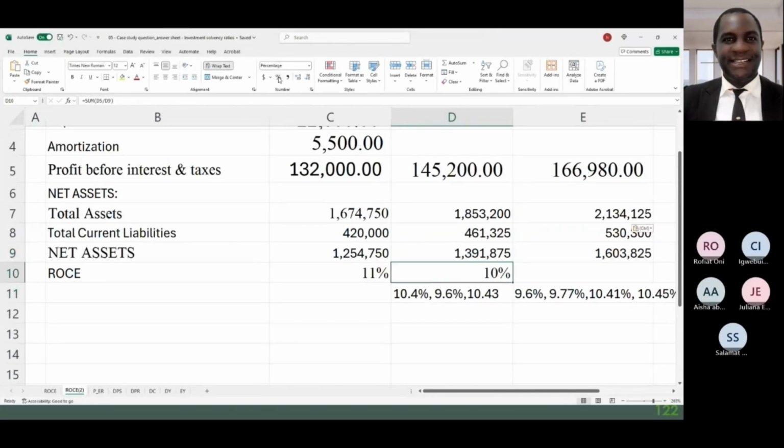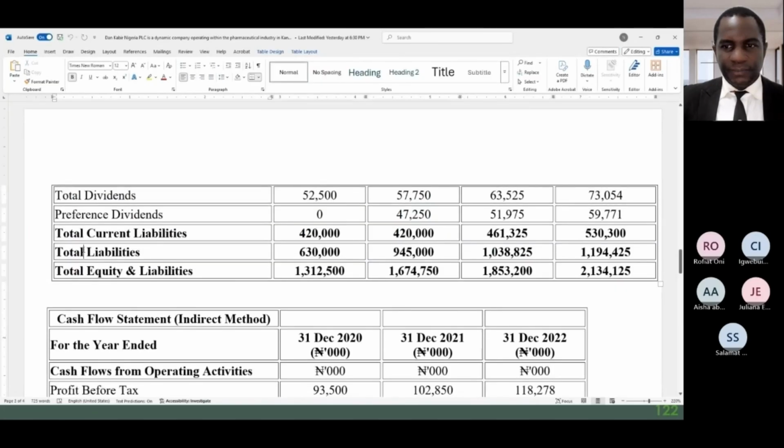This is your total current liabilities. Can you check it out, please? I don't know if it's correct. Okay, let me go back to total current liabilities. So for total current liabilities, I have 46132 and 53030. I think I'm correct. Where did you see that one?